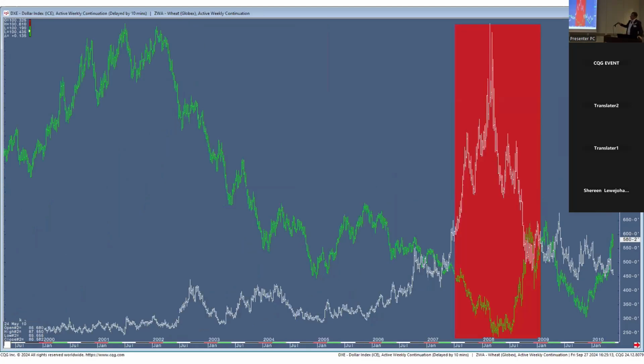So this is where I was showing that when you have the comparison between the price of wheat in white and the dollar index in green, when the volatility of wheat was through the roof in 2008, we had a dollar index going down, but not with the same magnitude. So it can't be explaining on its own the volatility of the other.